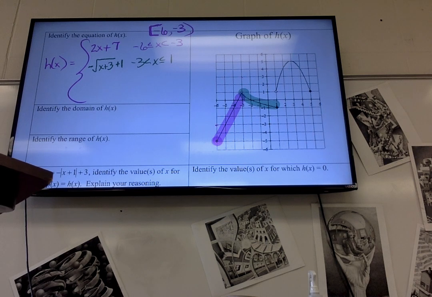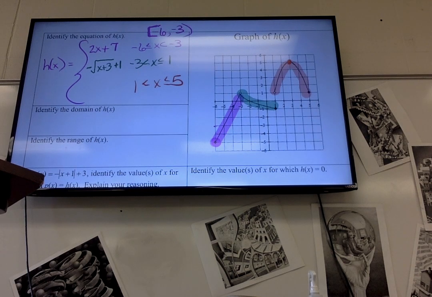And then let's do the last one. Do it in red. And there, that's a parabola. I know it goes from what to what? 1 to 5. It doesn't include the 1, but it does include the 5. My vertex point is here.